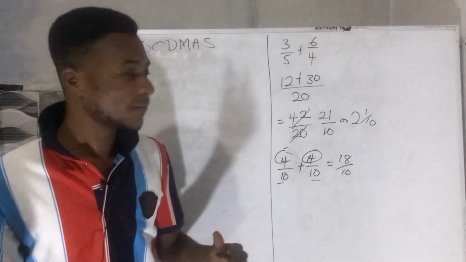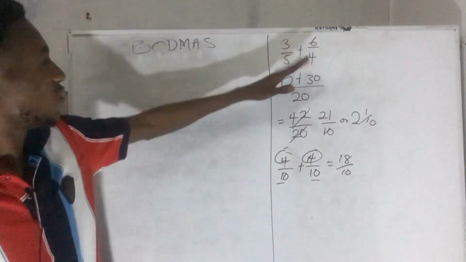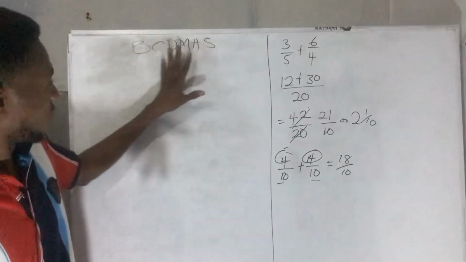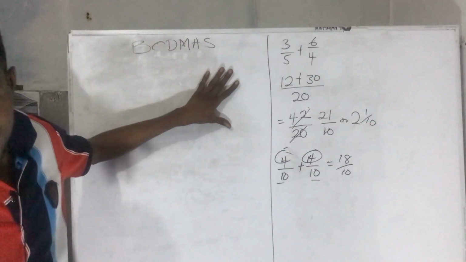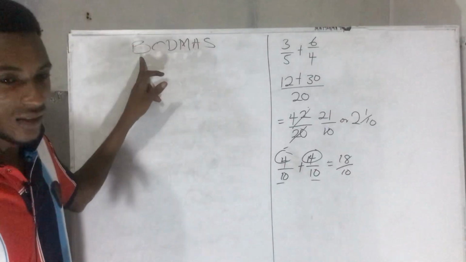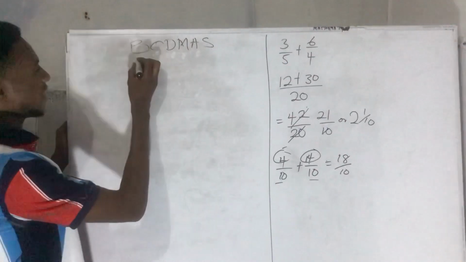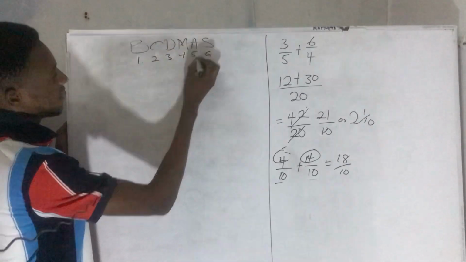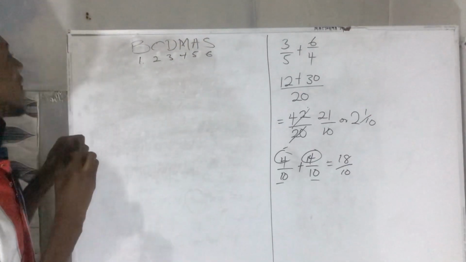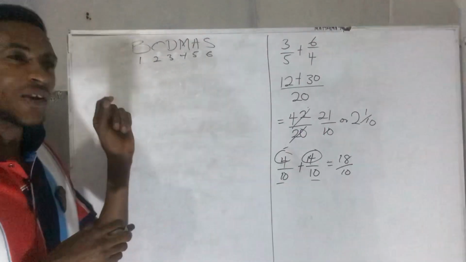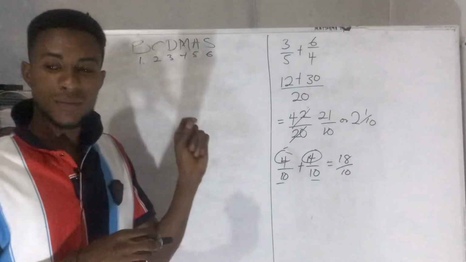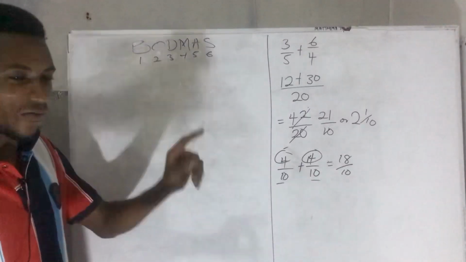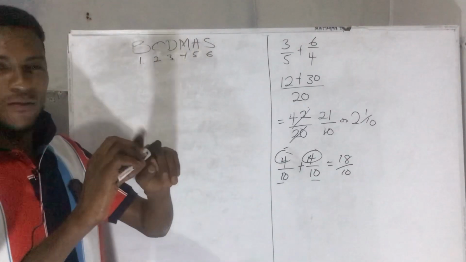Do you understand? Good. So with that, since you know how to add, multiply, and divide, you can now handle BODMAS. And you know that the first one is bracket. So the first rule, first one, second one, third, fourth, fifth, sixth. Do you understand? So now, if you are operating in BODMAS and there's no bracket, don't go and form the bracket yourself.